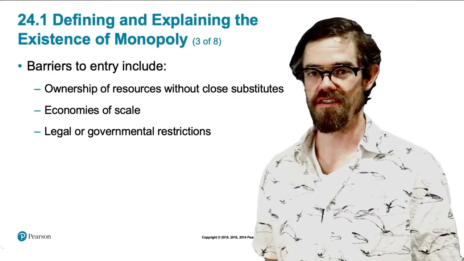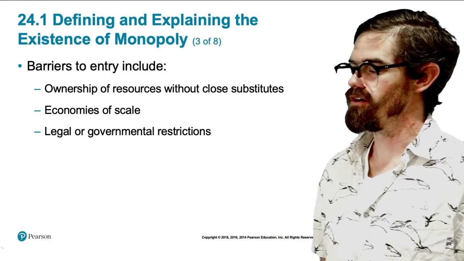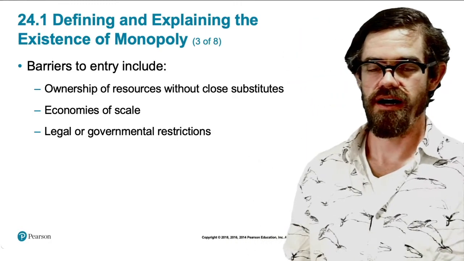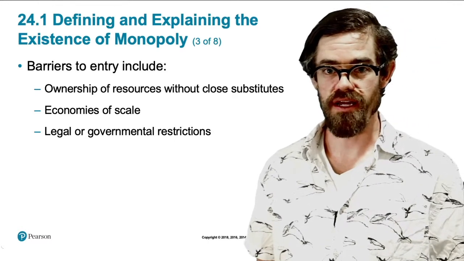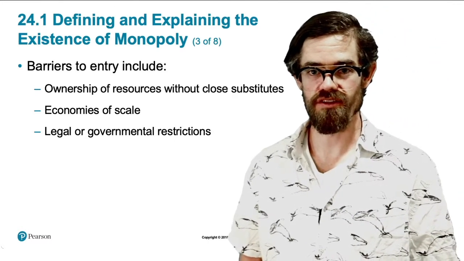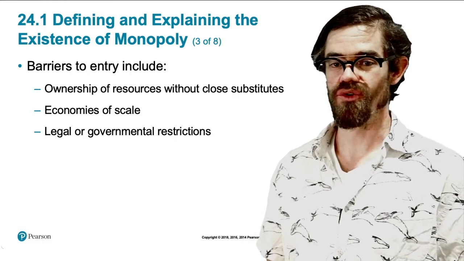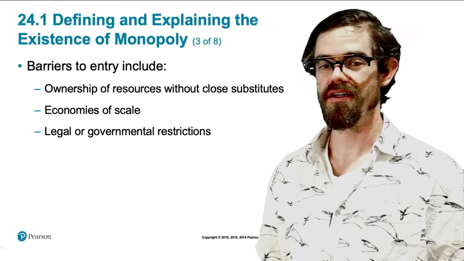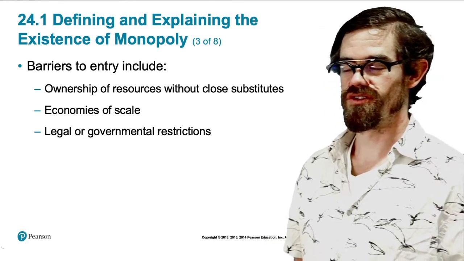So that's the idea there. And then there are also legal or governmental restrictions such as licenses, patents, copyrights, trademarks. These are all government endorsed legal barriers to entry, and we'll talk about why the government might actually encourage those types of restrictions.